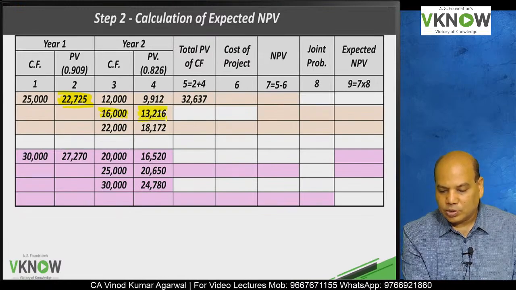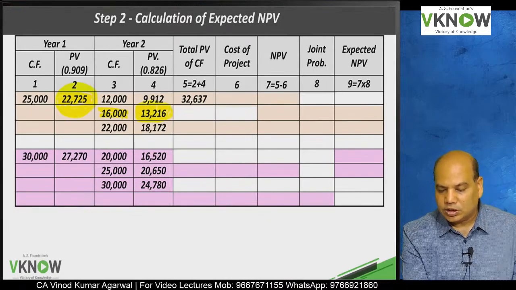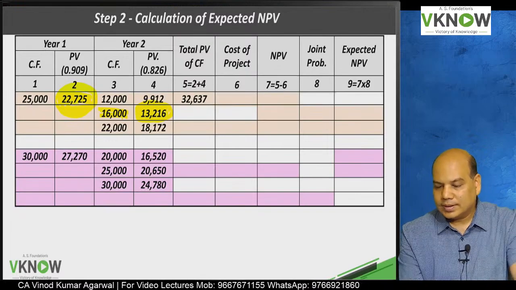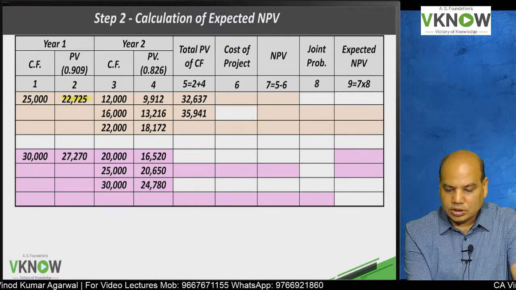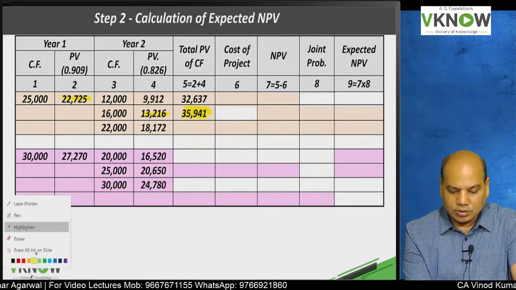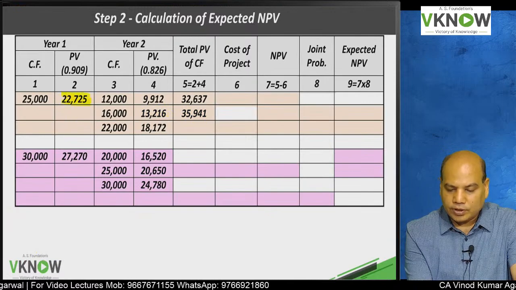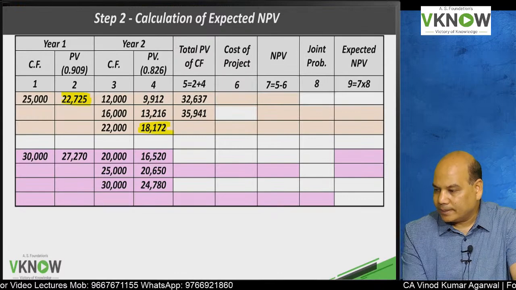So present value will be 13216. Please add 22,725 plus 13216. This combination suppose takes place, this and this, 35941. Now the third combination is 22725 plus 18172. Please reply.